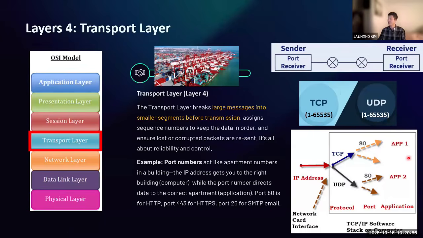If the transport layer uses the UDP protocol, then UDP port number 80 goes to another application, and another UDP port number goes to yet another application. So the port number defines which application the data is going to. That is the transport layer.